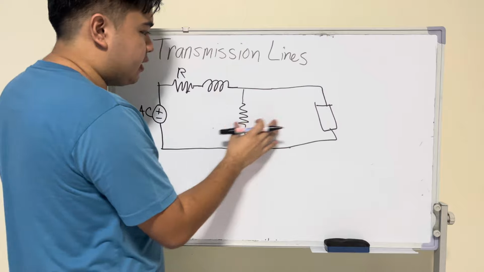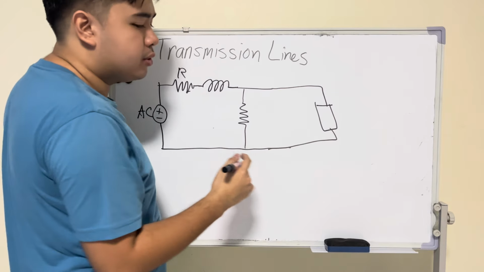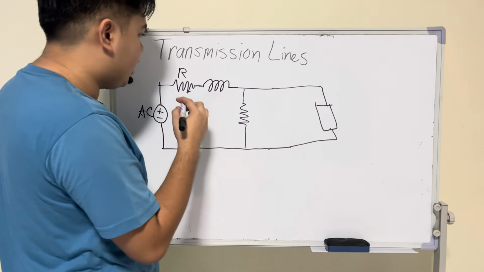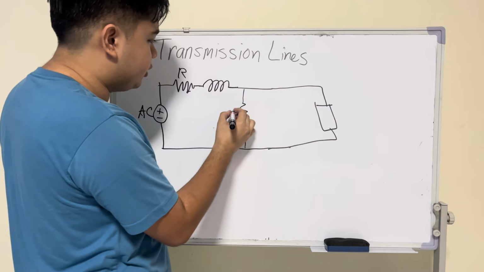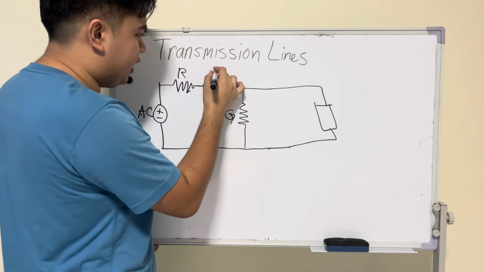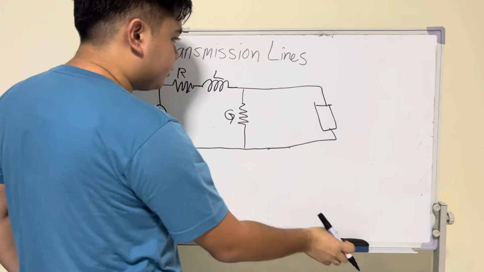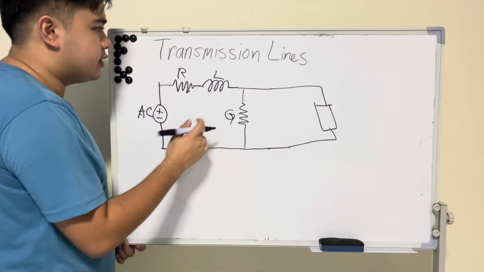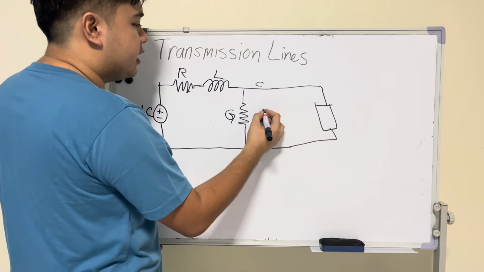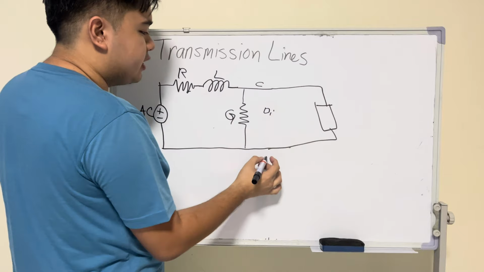But since this is parallel to the load, we can't use R here. We need to use conductance G. And forget L for inductance. Now the last one, since this is a conductor, an insulator, or a dielectric, and a conductor.